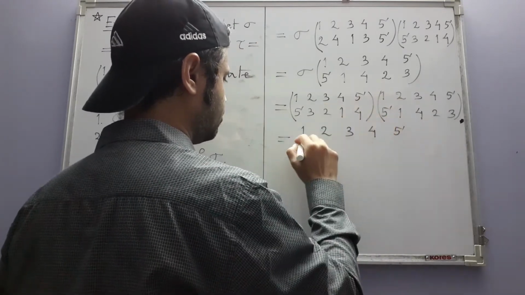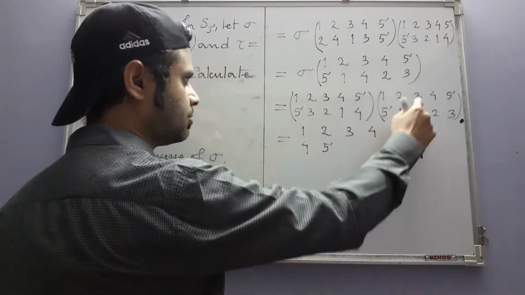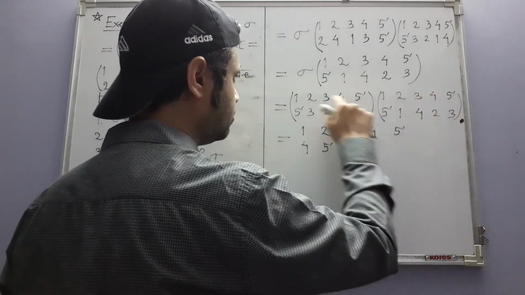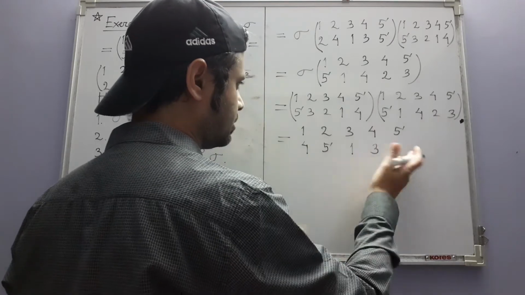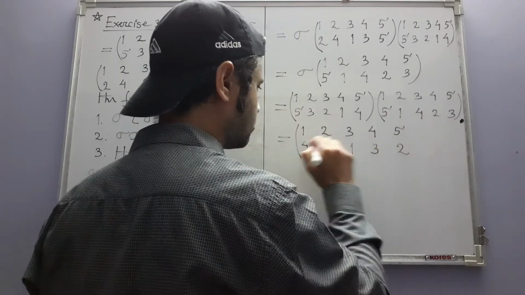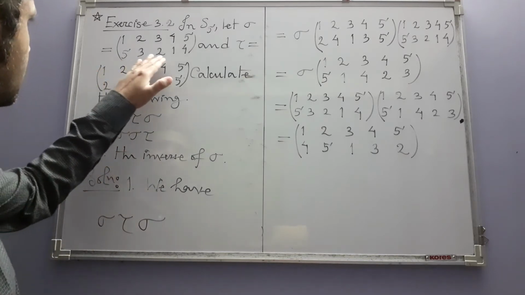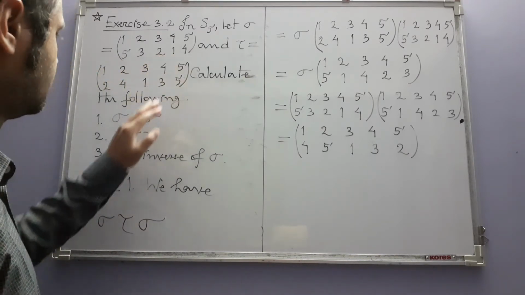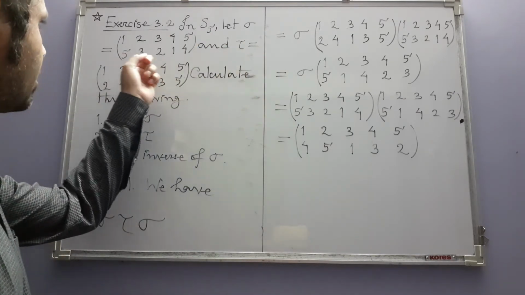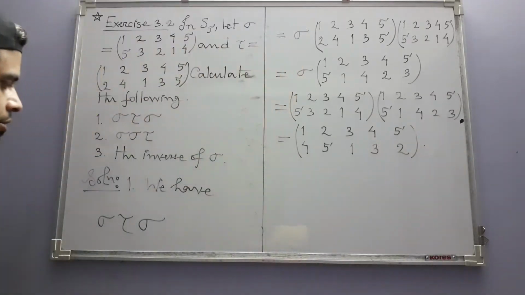One to 5, 5 to 4, 1 to 4, 2 to 1, 1 to 5, 2 to 5, 3 to 4, 4 to 1, 3 to 1, 4 to 2, 2 to 3, 4 to 3, and this one will be 2, 5 to 3, 3 to 2, yes. And lastly, let me just see whether I have written it correctly. Sigma tau sigma, 24135 and 53214. Yes. So this is our sigma tau sigma.